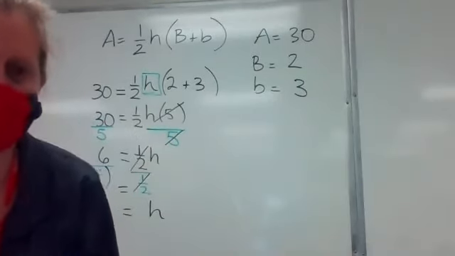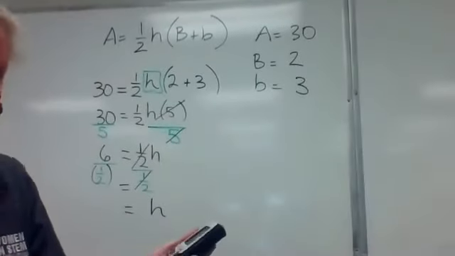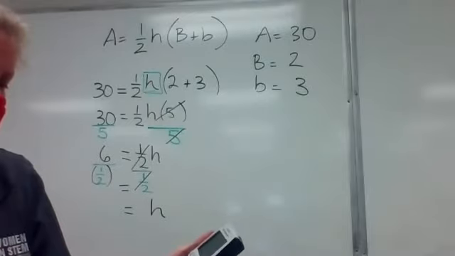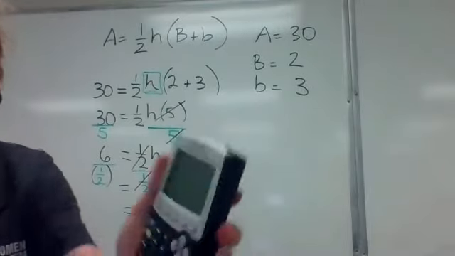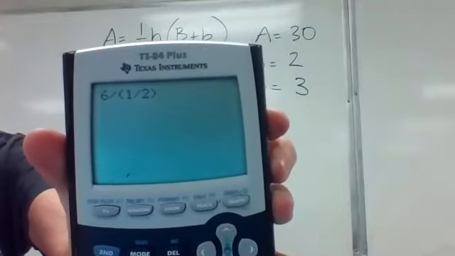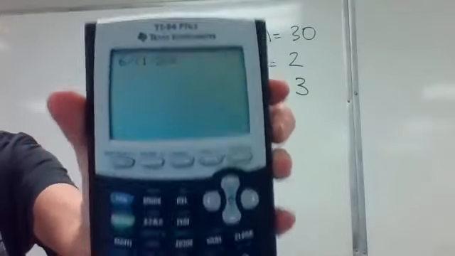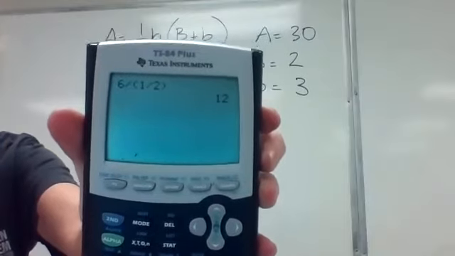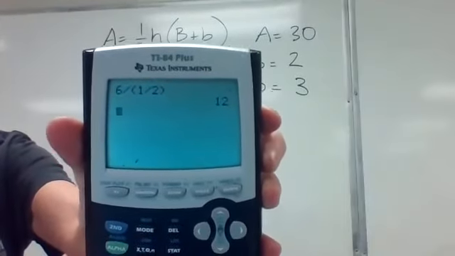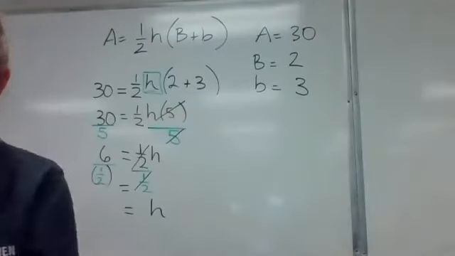I'm going to do it both ways, see if it matters. So I do 6. Good. Divided by, open parentheses, 1/2. And hit enter. And y'all are right. It gives you 12.